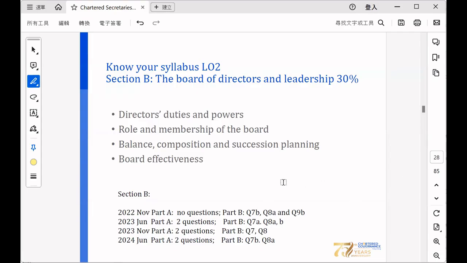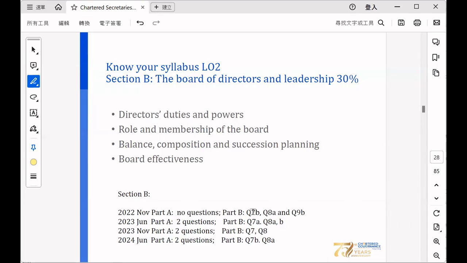Then just to show you that sometimes questions are not asked in section A, but there will be a lot of marks in section B. So basically section B belongs to the long question type of questions.